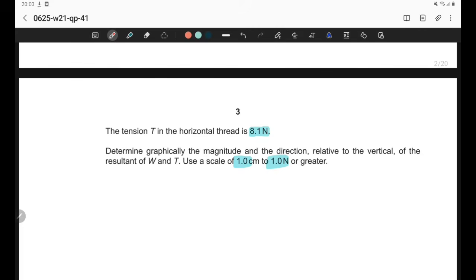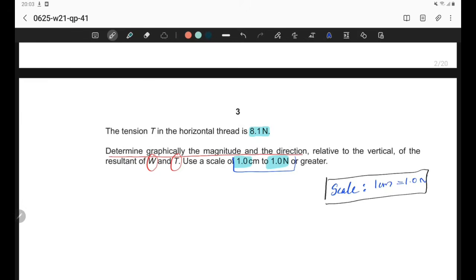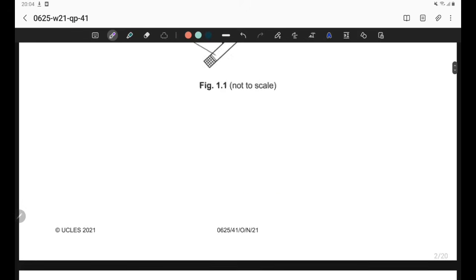So in this question we have to determine the resultant vector of weight and tension by a vector diagram, where we have to take a scale. As mentioned, we can draw a 1 centimeter line to represent 1 Newton force. Let's look at the diagram.